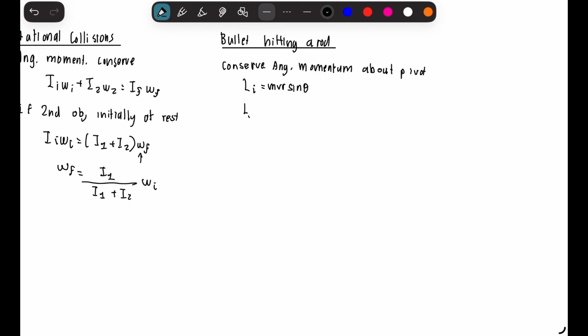So that's your initial. L final is going to be inertia total. And if you solve for omega, that's from setting them equal.